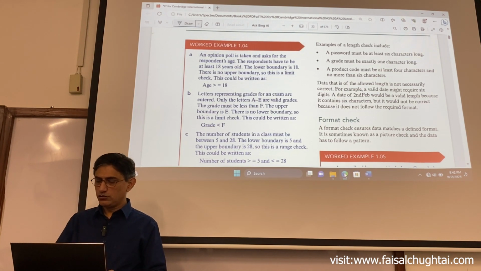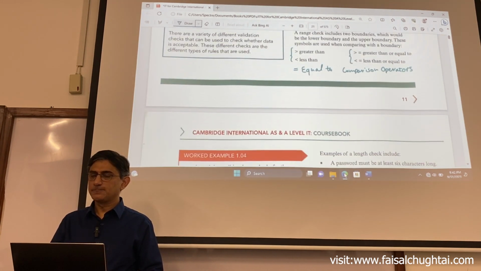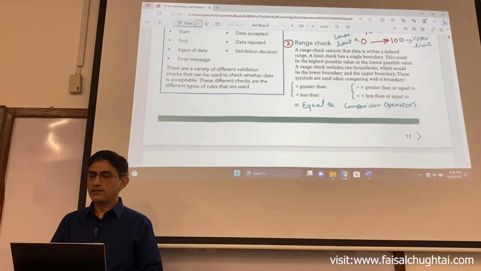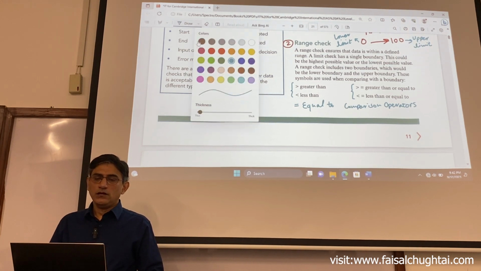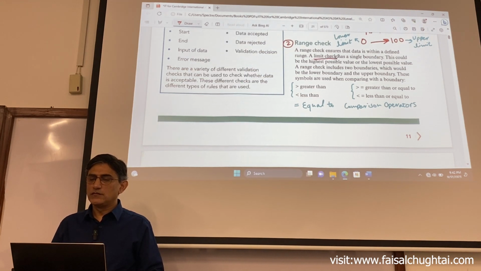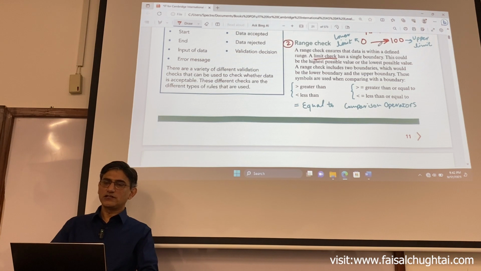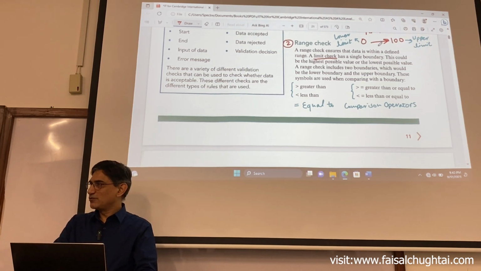One little variation to a range check is, I think it is mentioned here somewhere. Yeah, it is a limit check. So some students in the class kind of knew what the range check might be. There's another check called the limit check.